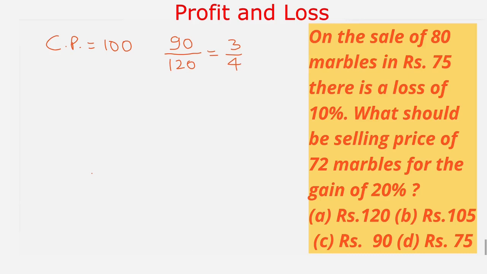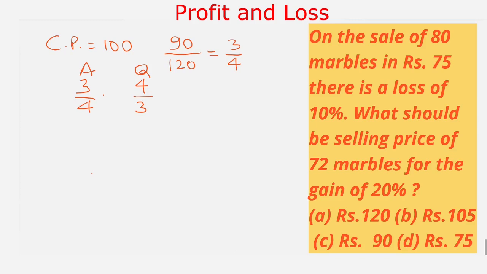Now, if the amount is in the ratio 3:4, then the quantity, I write amount, then quantity is the reciprocal of it, which is 4:3. If we have to convert the loss into profit, then an article earlier sold for rupees 90 is to be sold for 120.